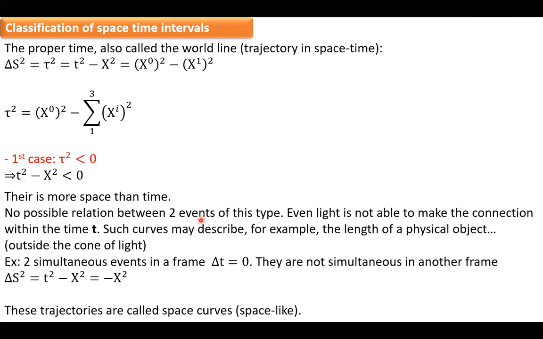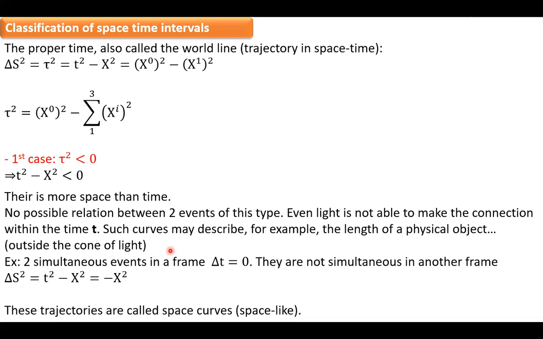These events and these points where the proper time is negative are placed outside the cone of light. So if you have 2 points outside the cone of light, you need something faster than light to make a connection between A and B within a time t, which is impossible. So there is no relation.